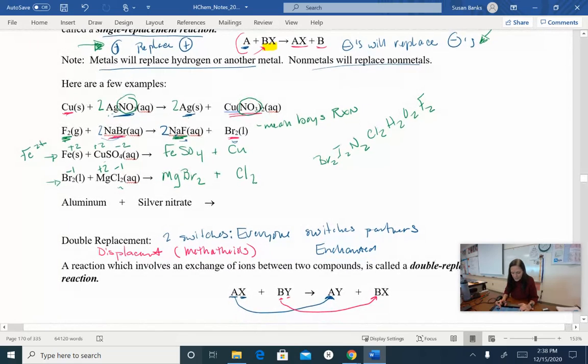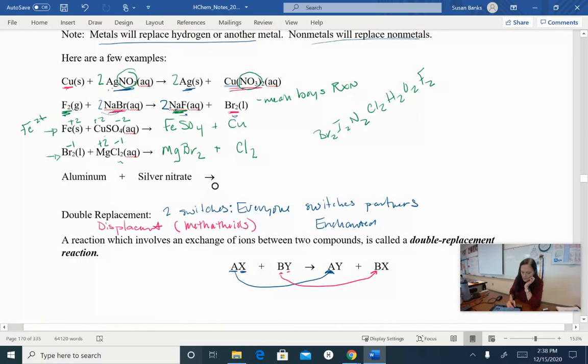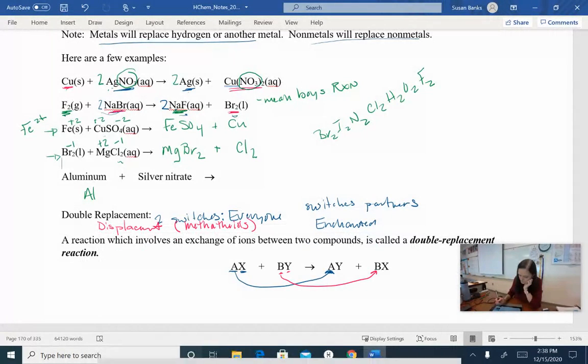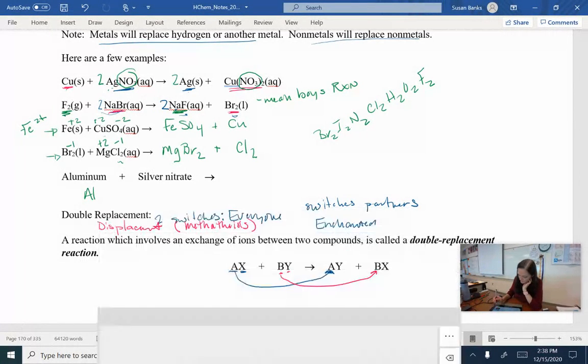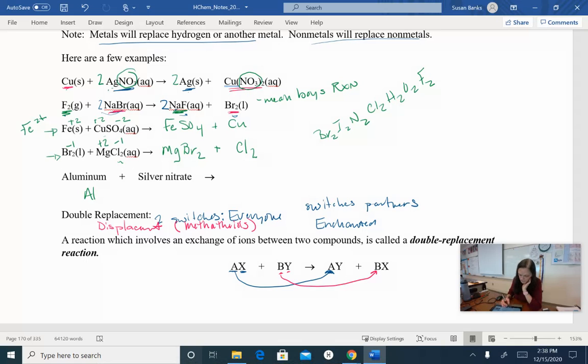Okay, and aluminum. Okay, aluminum, we've got that. Silver, let's see, silver is not a polyatomic, it's one of our transition metals that always has a set charge.